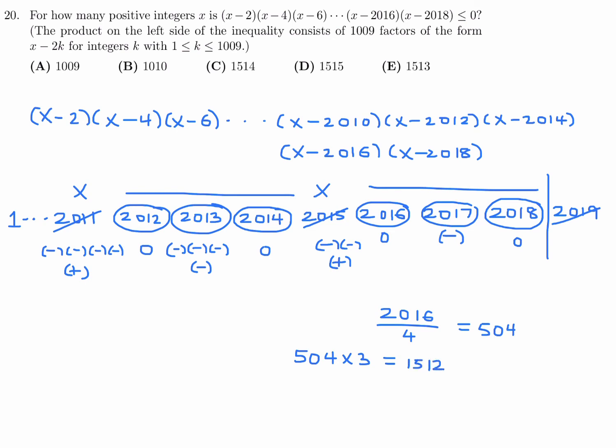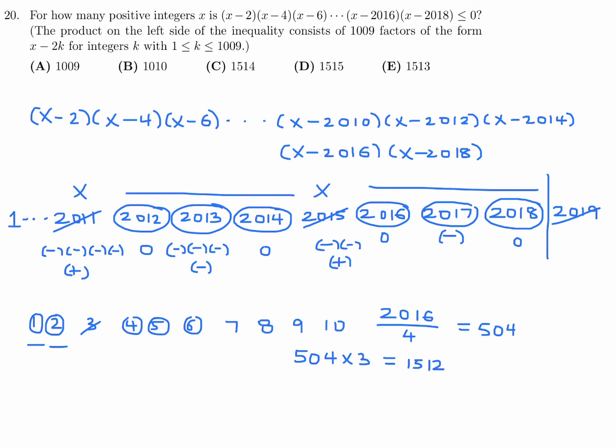But remember, I only did this for 2016. You have to do it for 2018. When you do it for 2018, you'll find that essentially what's happening is when you get all the way down to 1, you will have 2 left.